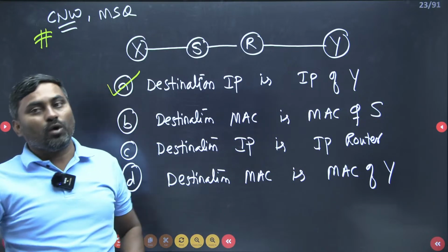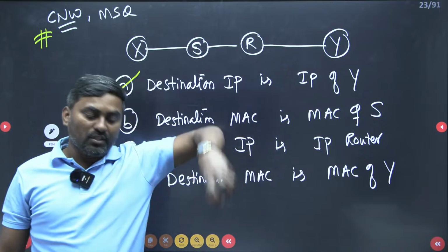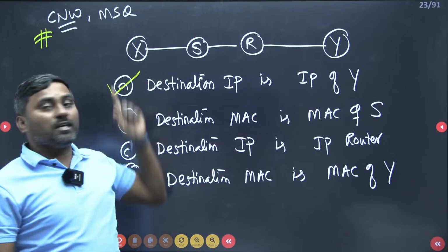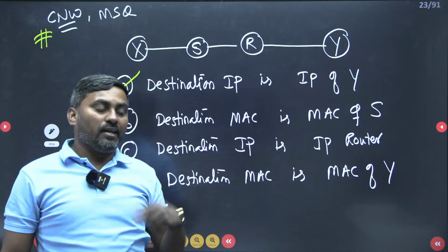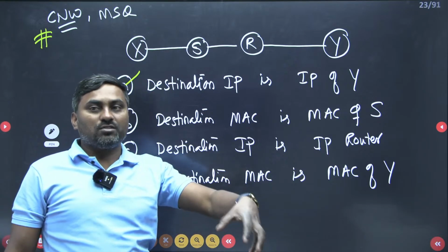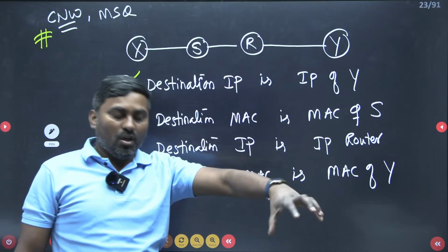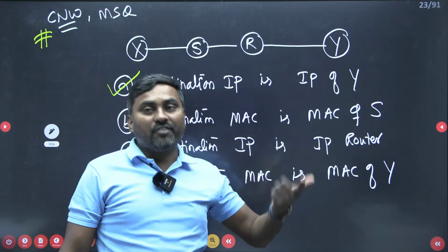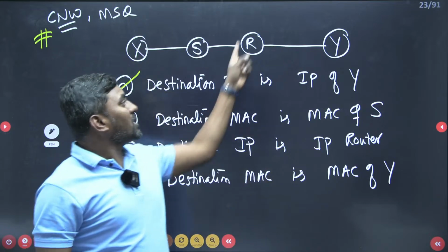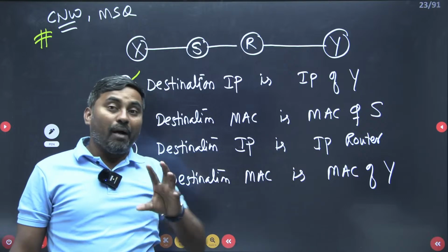Now always understand, if the destination is within your network, the sender will broadcast and directly get the MAC address of the destination. When you get a reply, then we can send the packet. But if the destination is outside the network, we won't know the MAC address of the destination.